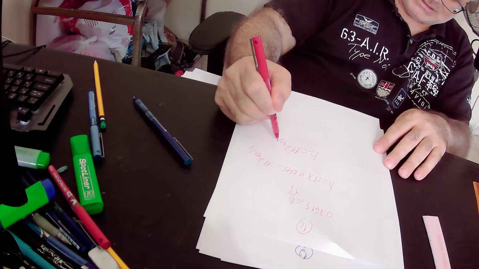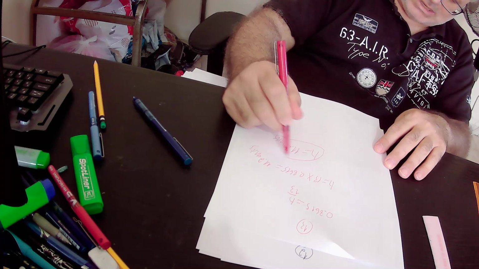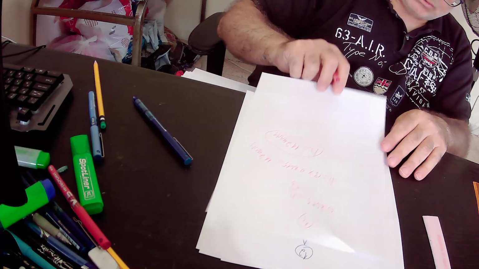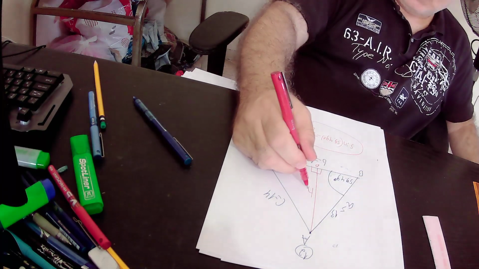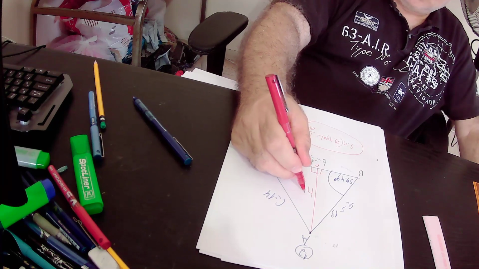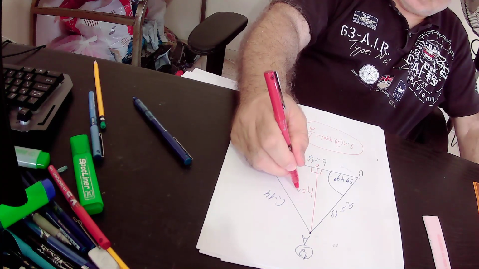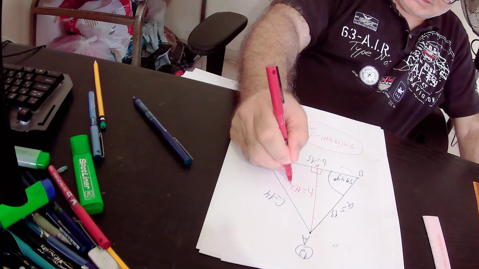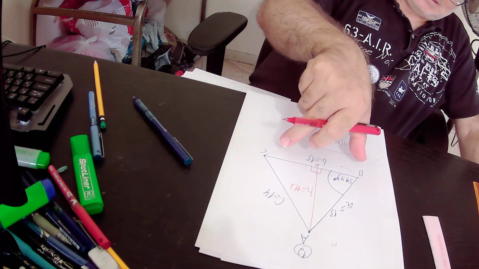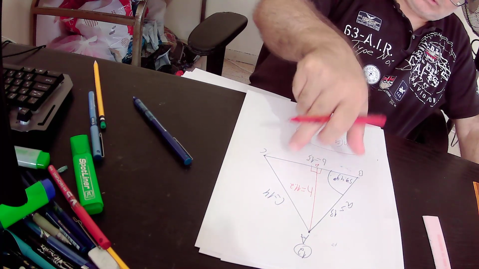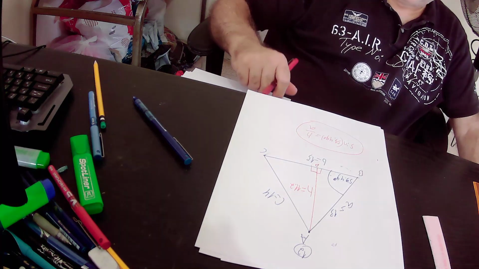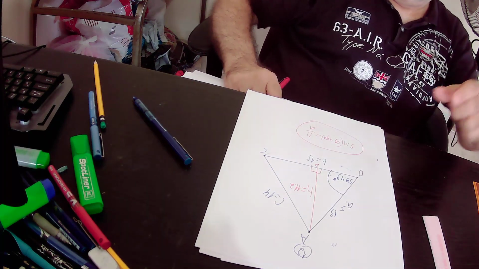So we found out that the height of triangle ABC equals 11.2 units when the base is 15 units.